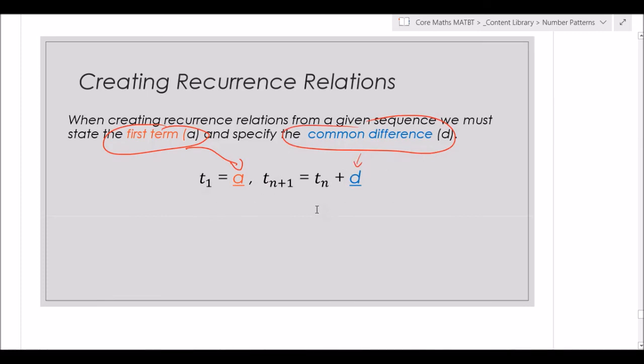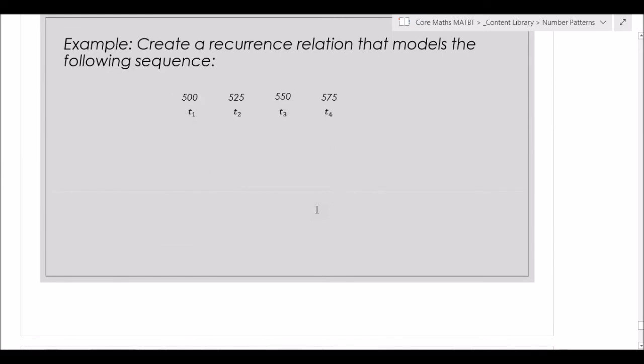Okay, so let's do an example here. Create a recurrence relation that models this sequence. So remember, let me write the form of the recurrence relation. It should be T1 equals A, which is the first term, separated by a comma, Tn plus 1 is equal to Tn plus common difference.